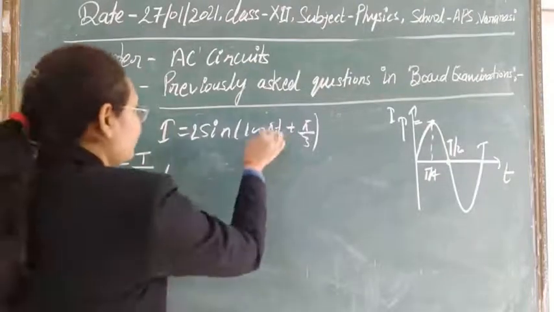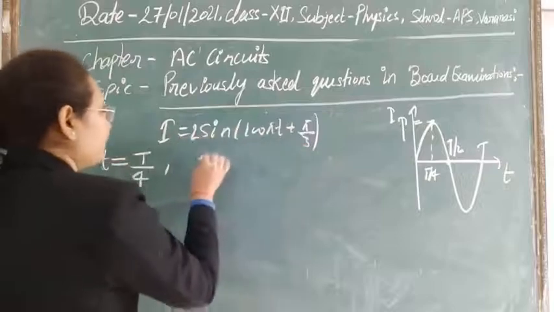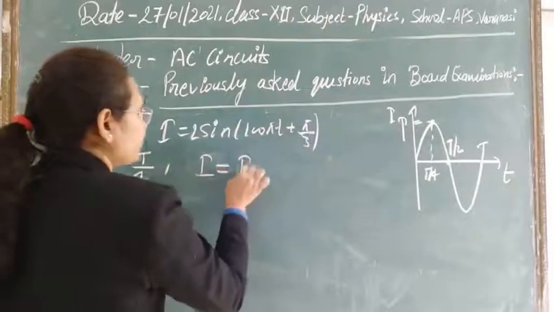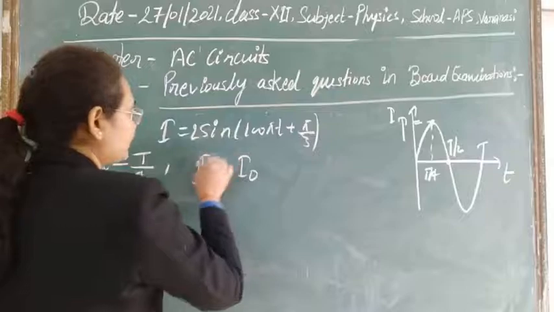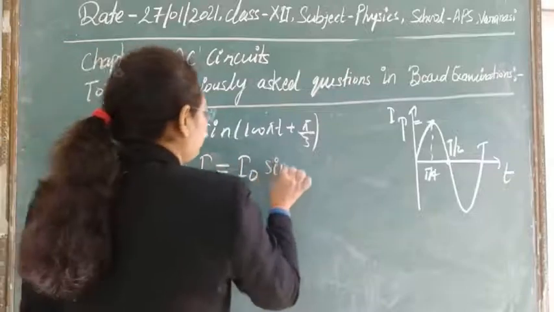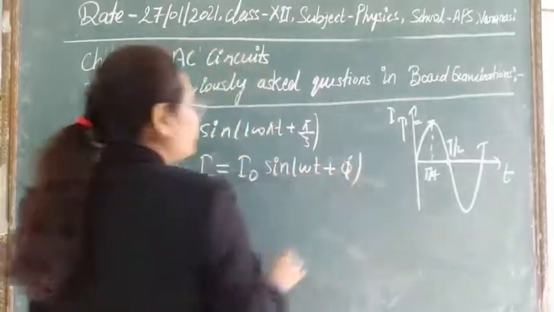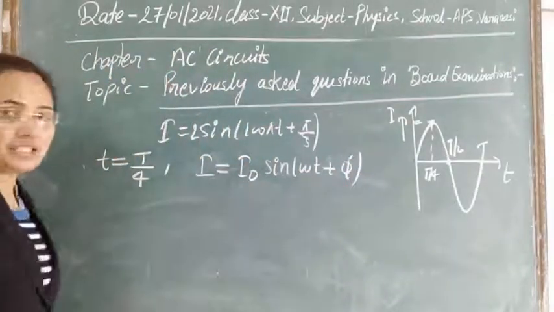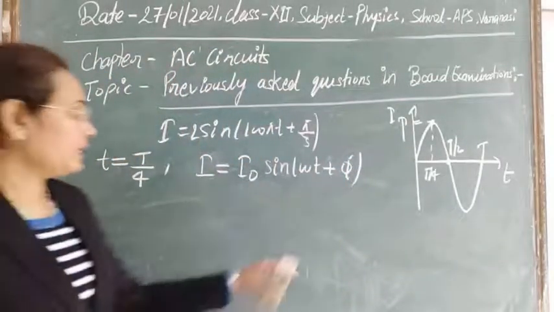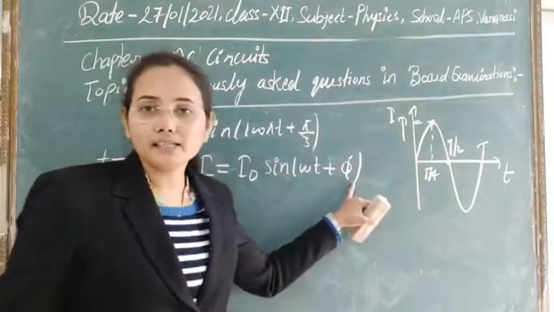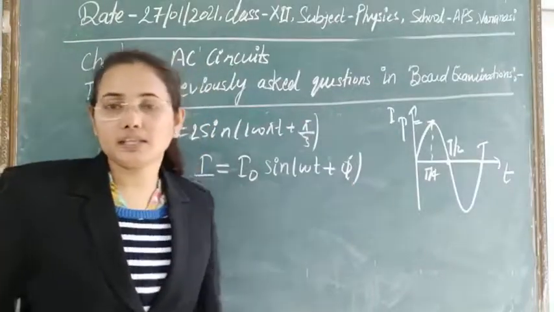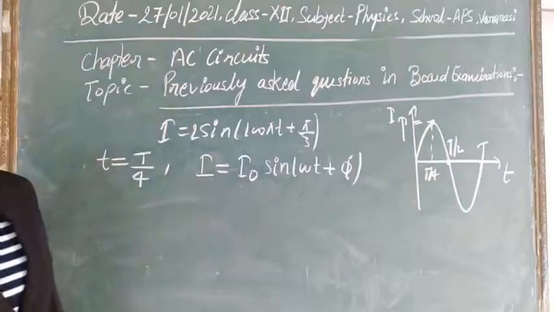First, let's compare this equation with the instantaneous value of current, I = I0 sin(ωt + φ), where I0 is the maximum value of current, ω is the angular frequency, and φ is the phase difference between the signals.